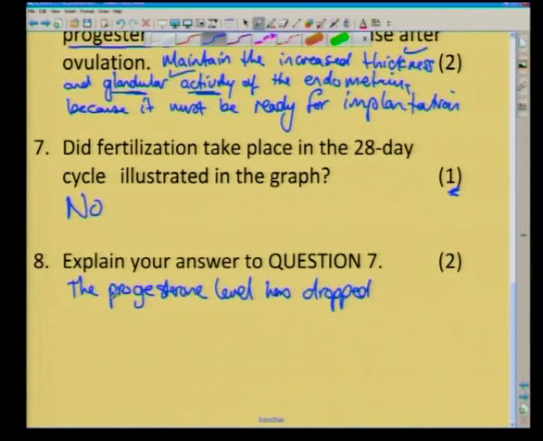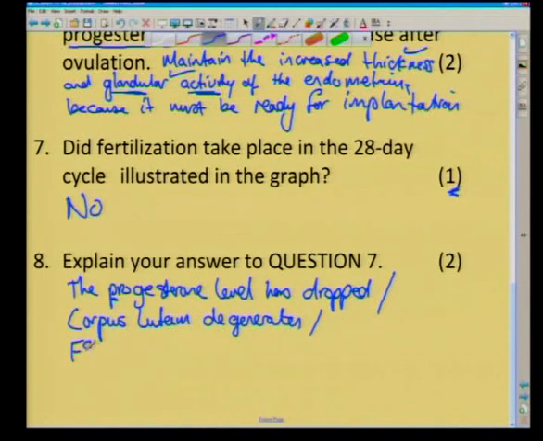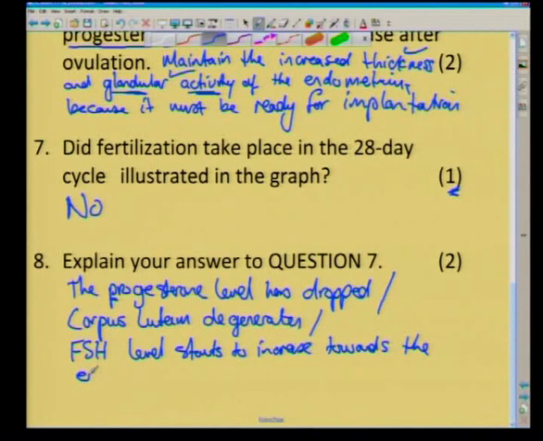Now try and remember that your progesterone starts with a P, pregnancy starts with a P. So the progesterone level has dropped, or you could have said the corpus luteum degenerates, or you could have said that the FSH level starts to increase towards the end of the cycle. And any one of these answers would have given you 2 marks.